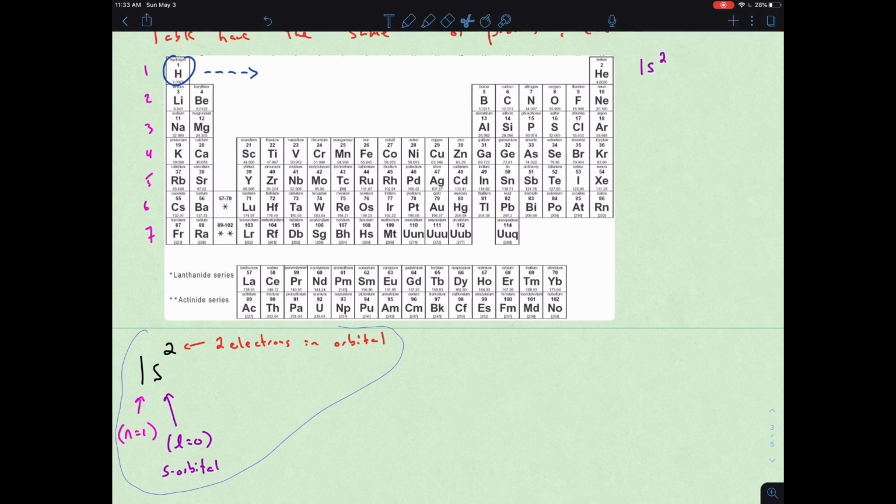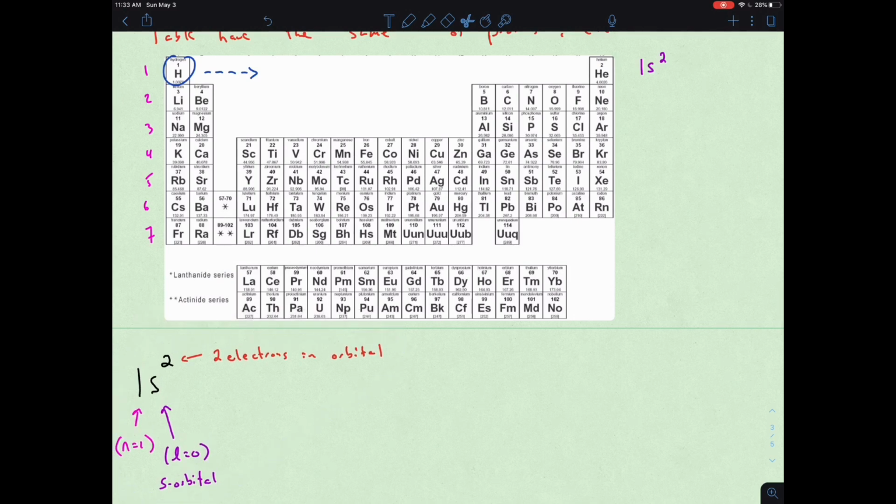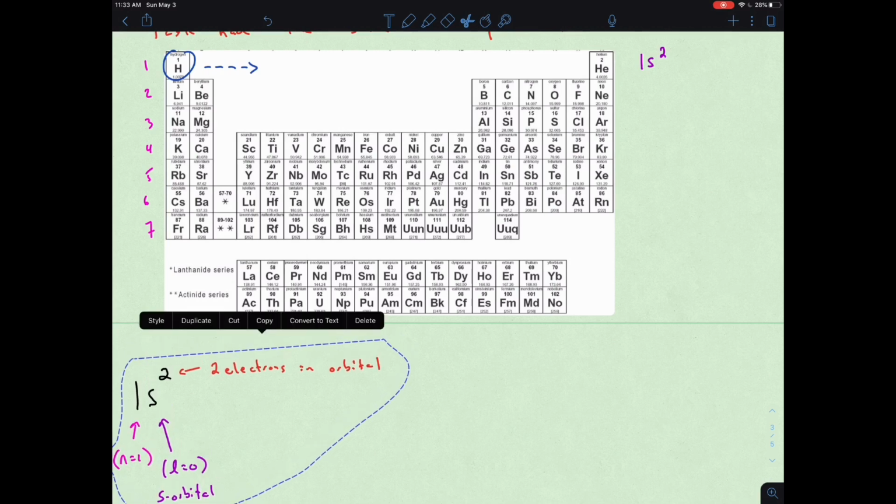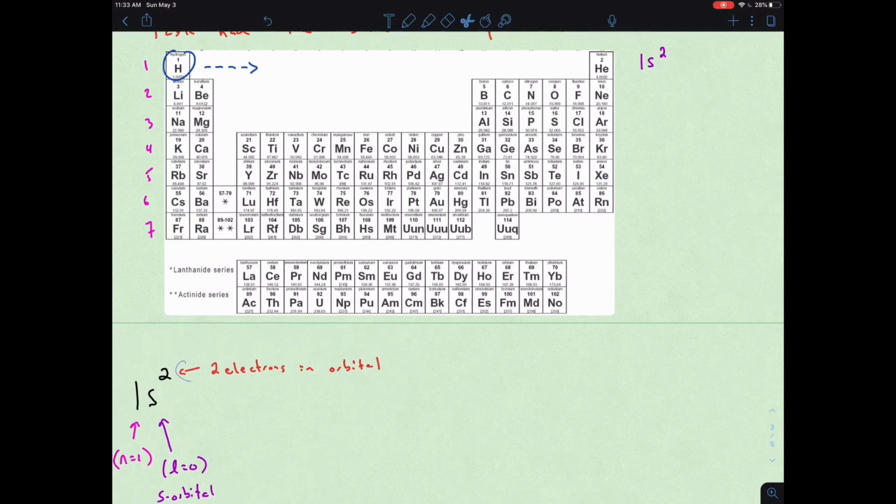So that's how we fill these in as we go in terms of our electronic configuration. We have our first number, which is our n level. We have a letter, which represents the orbital that we're in. And then we have a superscript number, which represents the number of electrons in that orbital.